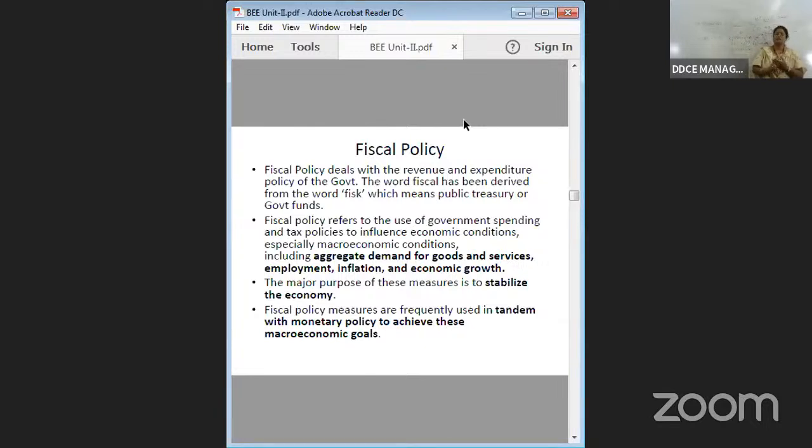But how much percentage of people on an average is sending taxes to the government? That is very minimum. Out of 100, it is around 20 to 23%. Now government revenue comes from 20 to 23% of the population, but expenditure is for 100% of the population. Definitely the government is always in a deficit condition.